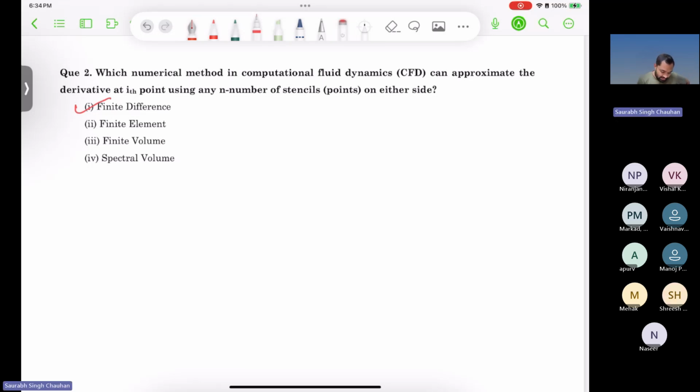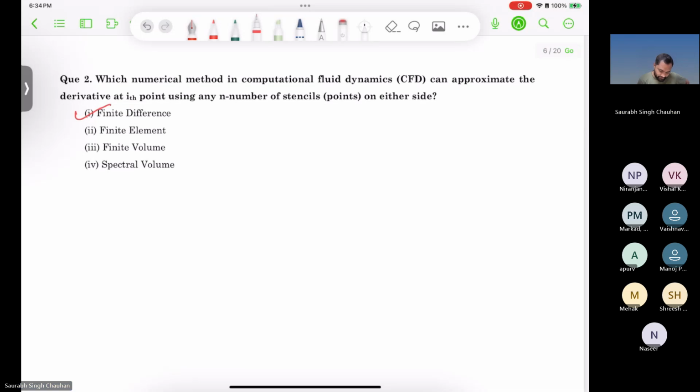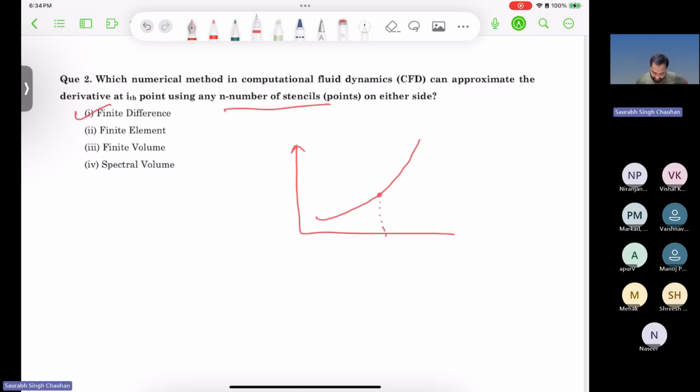So in finite difference, you can use n points to calculate the derivative at the ith point. For example, you have a curve and you want to calculate the derivative at this point, let us say the ith point. Using the values at the i minus 1 and i plus 1 points, you can calculate the derivative.